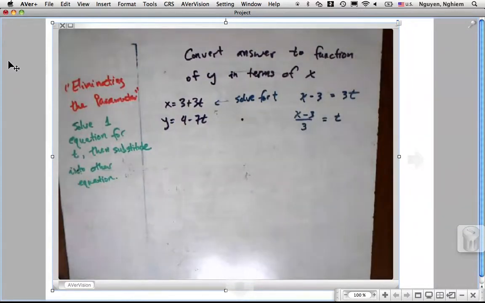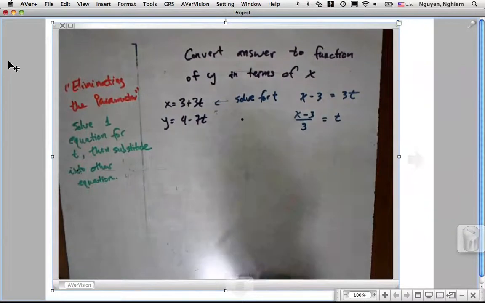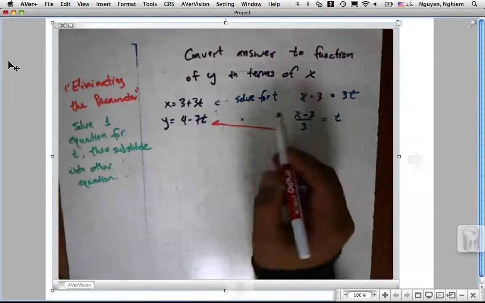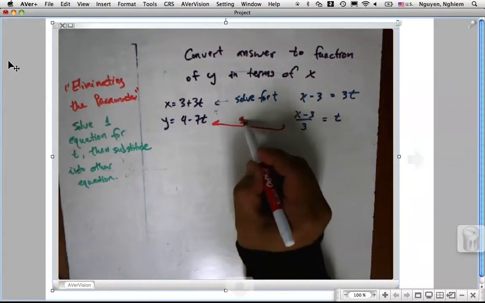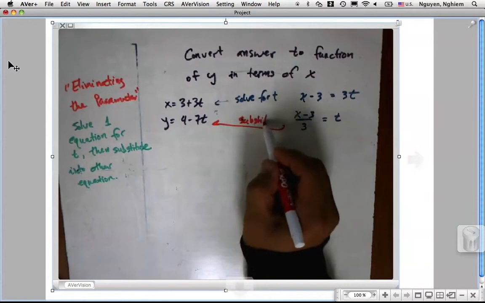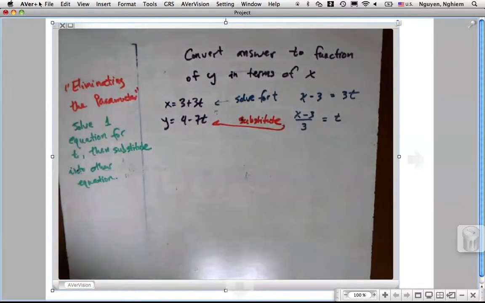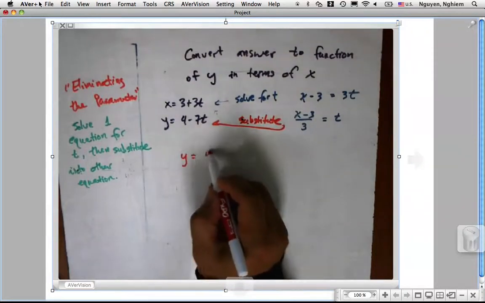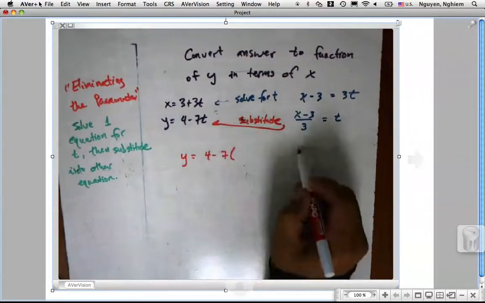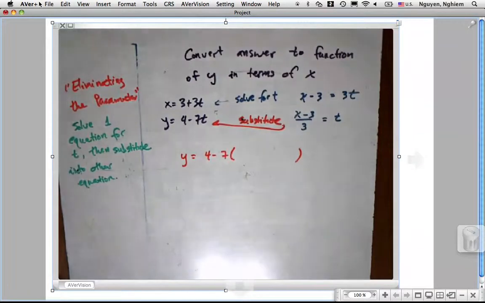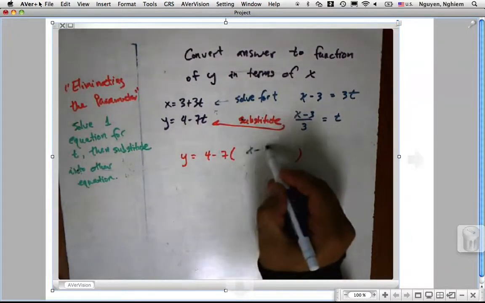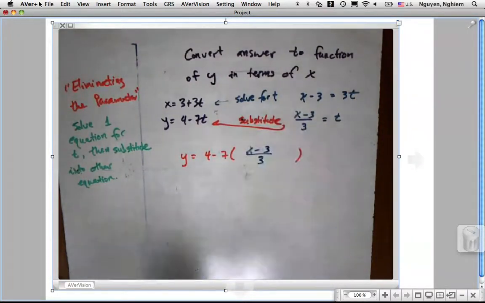And then we are going to take that and substitute into the other equation. So now I get y equals 4 minus 7t, but we already know that t is (x minus 3) over 3.